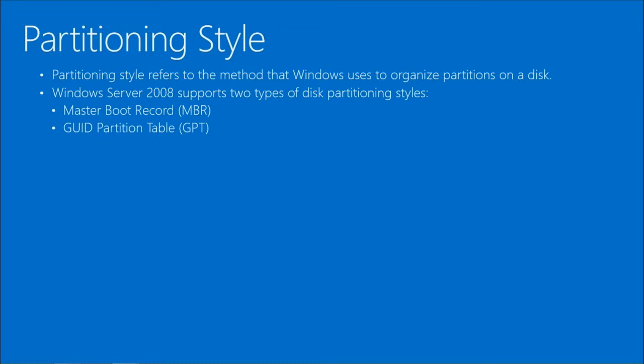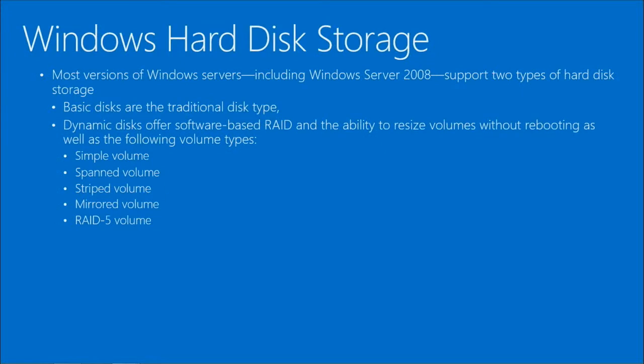Partitioning style refers to the method used to organize a partition on the disk. Two types of partitions are supported here: the master boot record, MBR, or the GUID partition table, GPT. Windows hard disk storage: most versions of server support two types of hard disk storage, basic and dynamic.